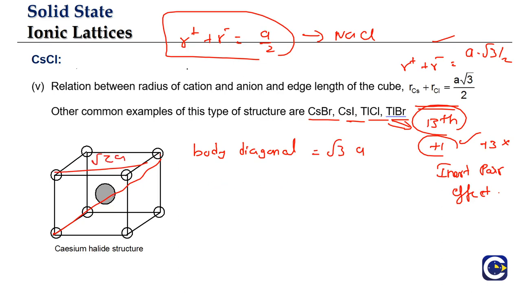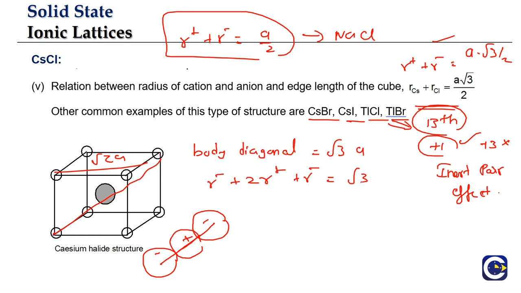So along the body diagonal we have the anion, the cation and the anion. So we are covering R minus plus the diameter of the cation, means 2R plus, plus R minus, this will be equal to what? Root 3A. Means 2 into R plus plus R minus will be equal to root 3A. So R plus plus R minus will be equal to root 3A by 2.